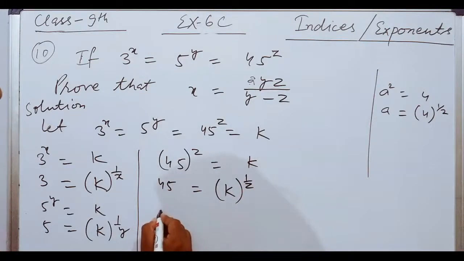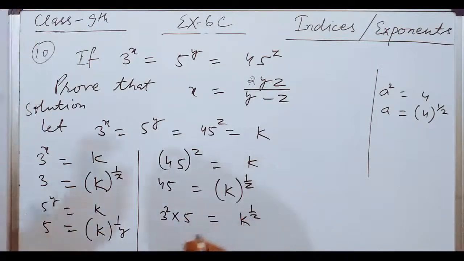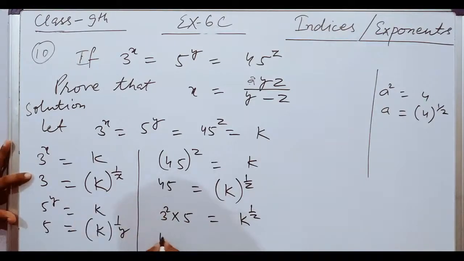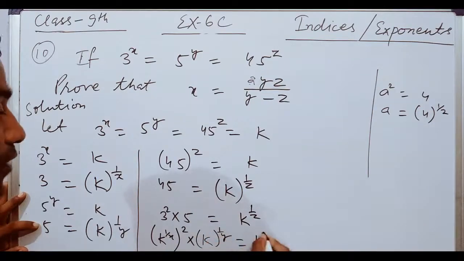Okay, now 45 can be written as 3 to the power 2, means 9, into 5 equal to k to the power 1 upon z. Now dear student, 3 to the power 2 means at the place of 3 we can write k to the power 1 upon x to the power 2, into at the place of 5 k to the power 1 upon y, equal to k to the power 1 upon z.